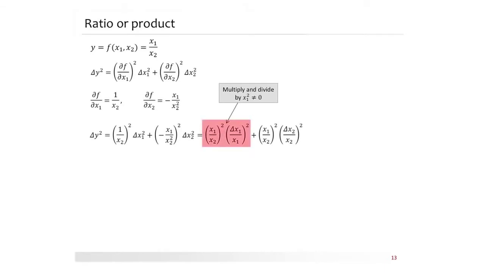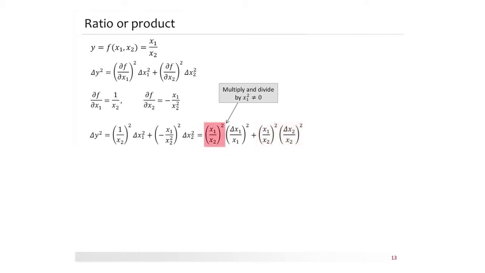So what I did here in this first term, I multiplied and divided it by x1 squared. I need x1 to be not equal to 0. And I also extracted this x2 squared from under this square, and divided it between this and this. So it's x1 over x2 and delta x2 over x2.